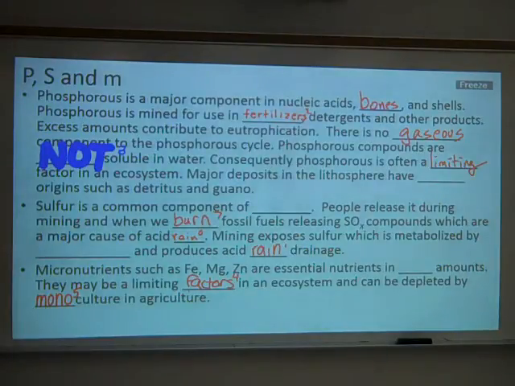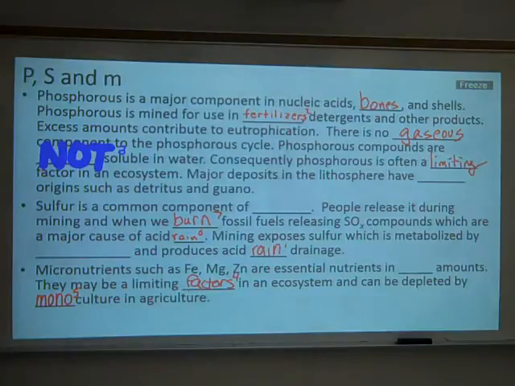There's a good bit of it in normal soil, but organisms need a lot of it. It's kind of hard for them to get in because of its limited solubility and the fact that it's not going to be transported through the atmosphere. So when we talk about it being a limiting factor, that just means that in terrestrial ecosystems, it will be the thing that will run out the quickest for plants.